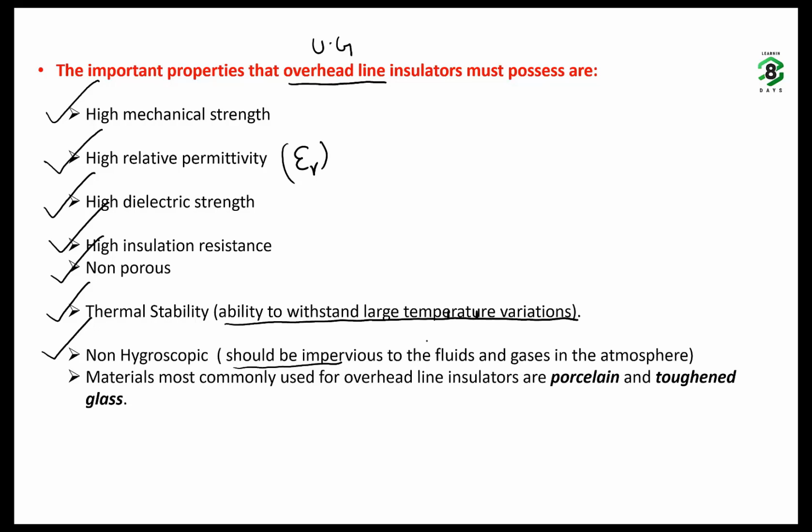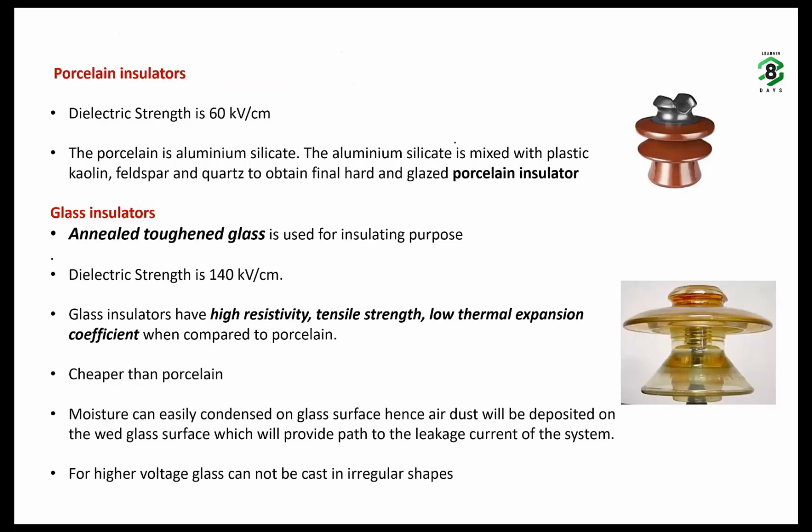The materials most commonly used as overhead transmission line insulators are porcelain and toughened glass. So again, the choice boils down to porcelain and glass.